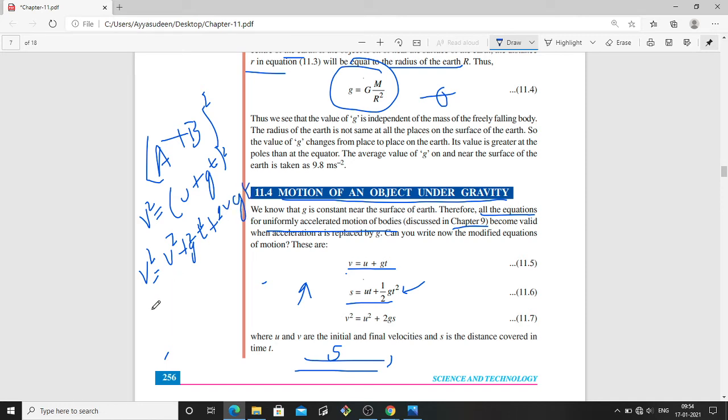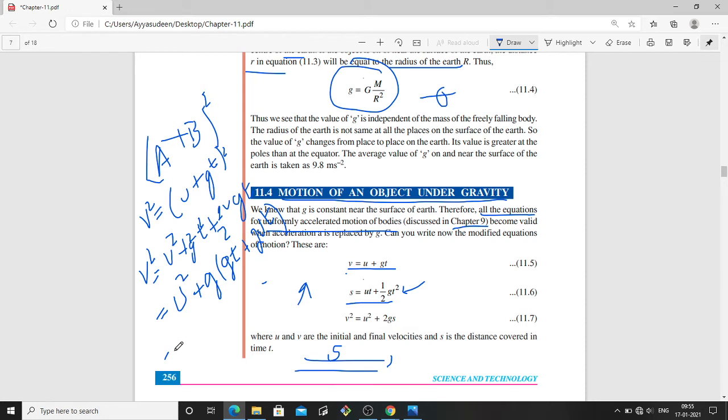So now we are going to simplify it. How we are going to simplify? u square plus, we take the g as common here, so it will become g t square plus 2ut.